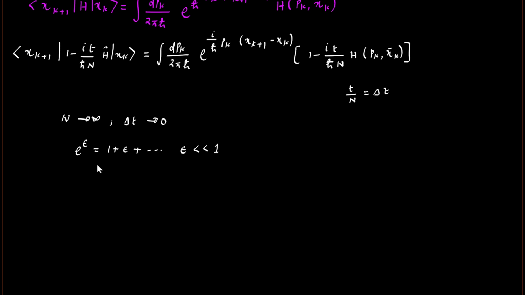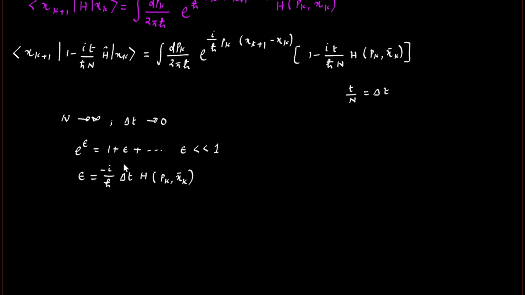Okay, so similarly, if I choose this small number epsilon as this expression, that is minus i by h cross delta t H(p_k, x bar k), then as delta t tends to 0, this epsilon is actually a very small number.